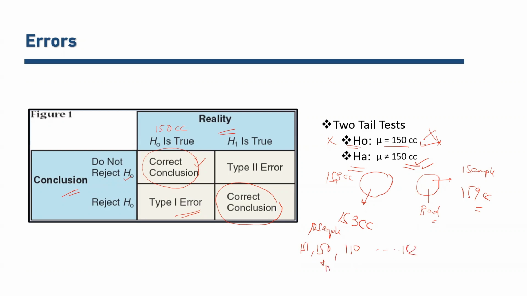Based on that you concluded yes, this is near to 150 and I think this is correct, but actually it was not correct. So you committed a type 2 error, where the reality was that the machine was not producing with 150 cc, but you concluded that yes, it is producing with 150 cc.